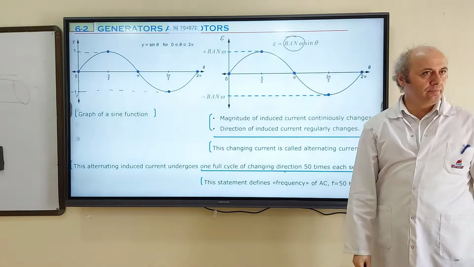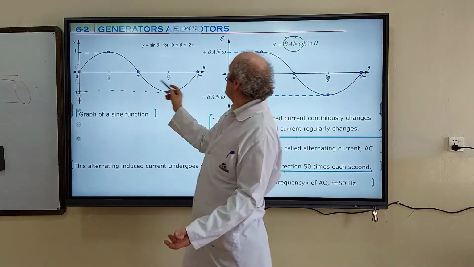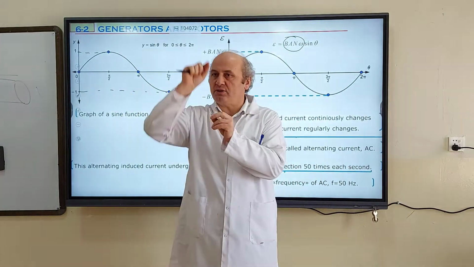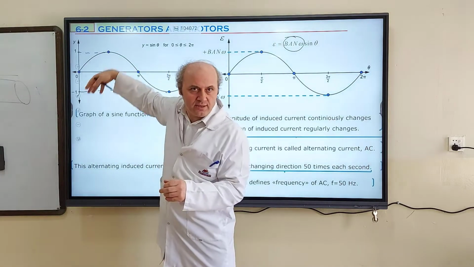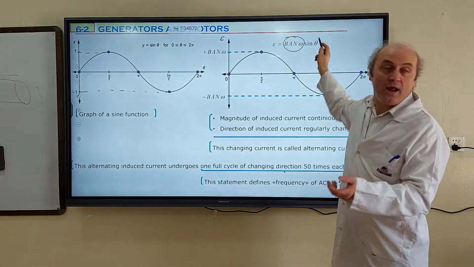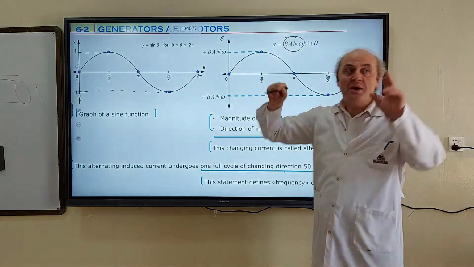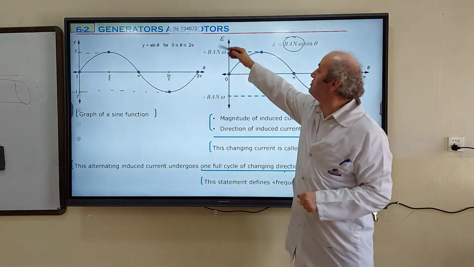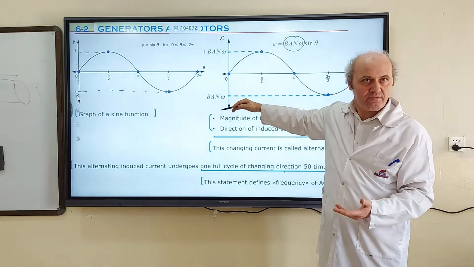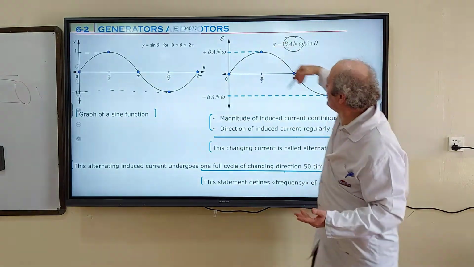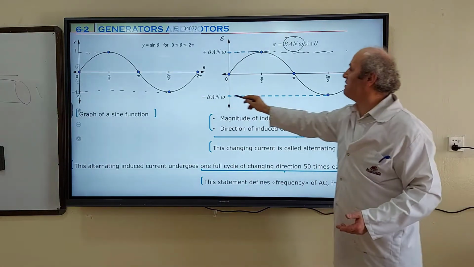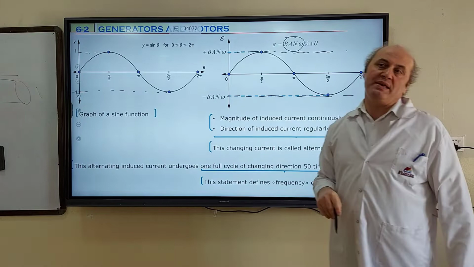This is the maximum value. In a sine function, there is just written 1, because y is equal to sine theta, there is 1. That is why it's changing between positive 1 and negative 1. But in here, what is written in front of sine theta? BA and omega. So the induced EMF of a generator changes between these two maximum values, positive BA omega and negative BA omega.